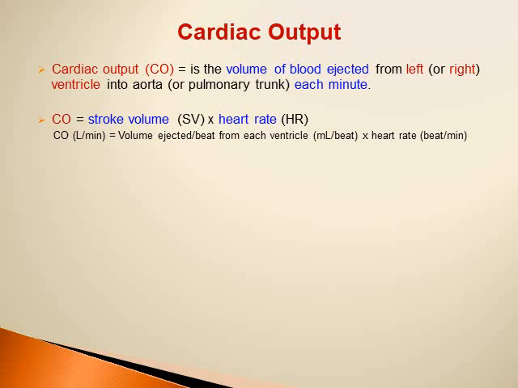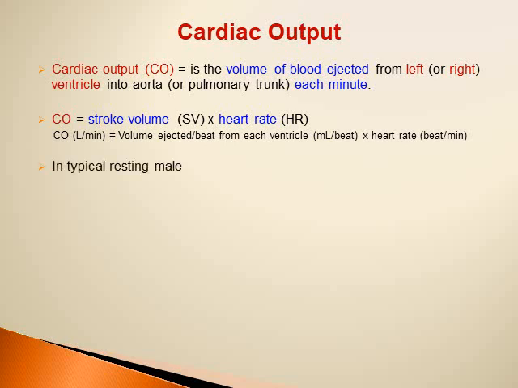We can calculate cardiac output by multiplying stroke volume, which is the volume of blood ejected per beat or per cardiac cycle, by the number of cardiac cycles in 1 minute, which is the heart rate. So cardiac output, liters per minute or milliliters per minute, is equal to the volume ejected per beat from each ventricle, milliliter per beat, multiplied by the heart rate, which is the number of beats per minute.